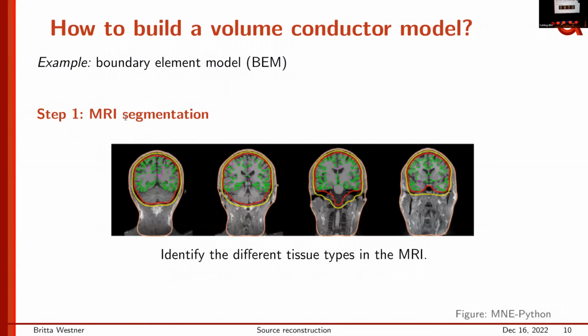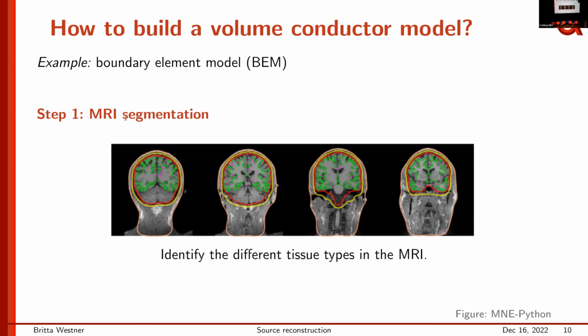Yes, so my personal recommendation for EEG, if you have neither individual MRIs nor individual sensor positions, so you have a template MRI and template sensor positions, is that I wouldn't use beamforming, because that will probably not give you good results.